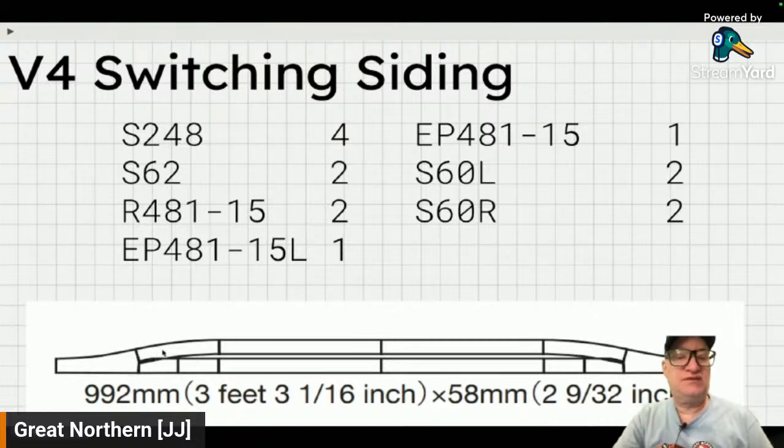And then they also include to come back in here, you've got that radius here. So you've got 4 pieces of about 10-inch long pieces of track. And you've got these S62s, which are 62. So that's a quarter of this. And then that's 2 pieces of curve. So that brings it back into parallel.